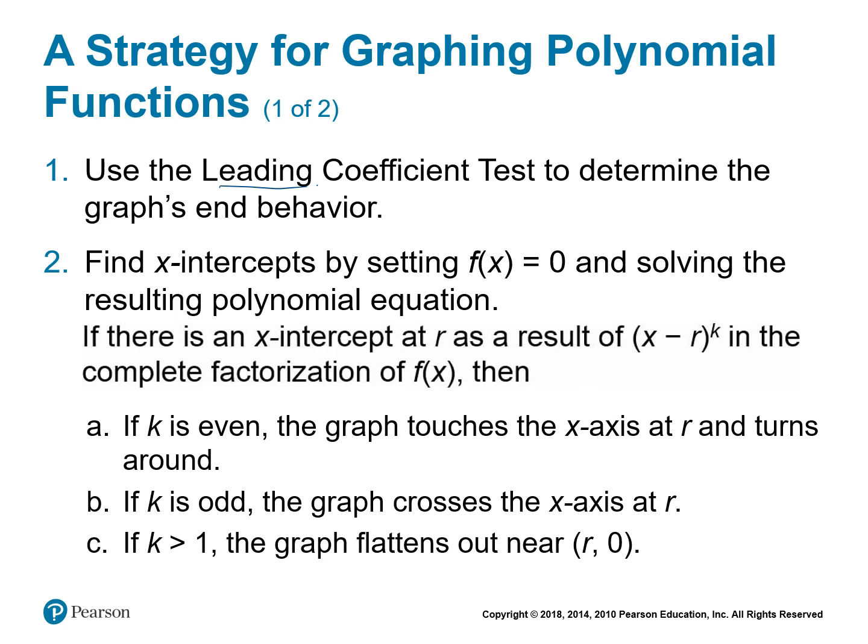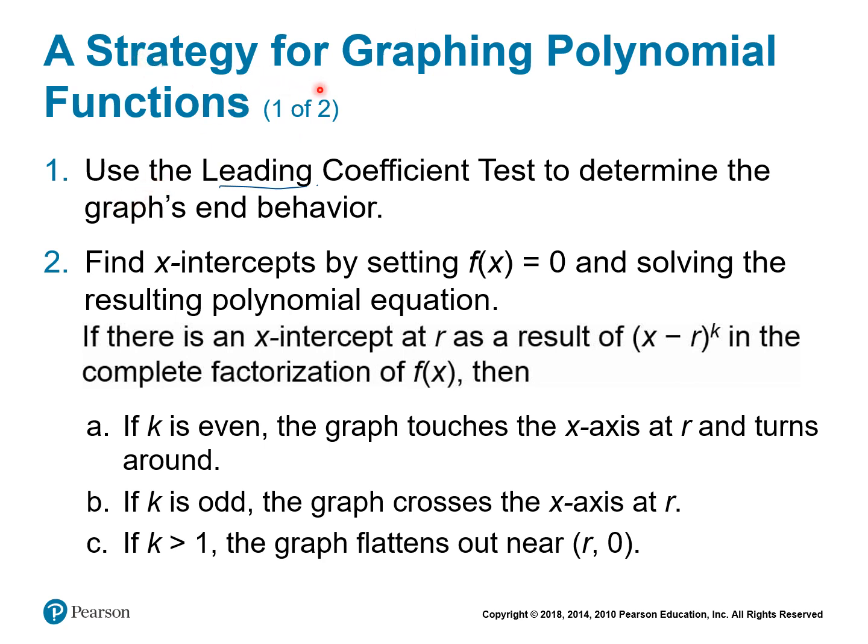Now that we have learned about the different properties of polynomial functions and their graphs, let's summarize them and use them all together in an example. All right, so first we'll go through the steps.